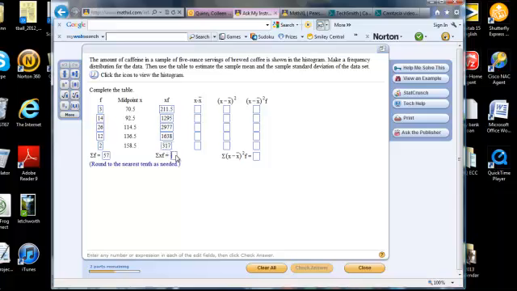I'm going to add that column up, and that will give me 6,438.5.